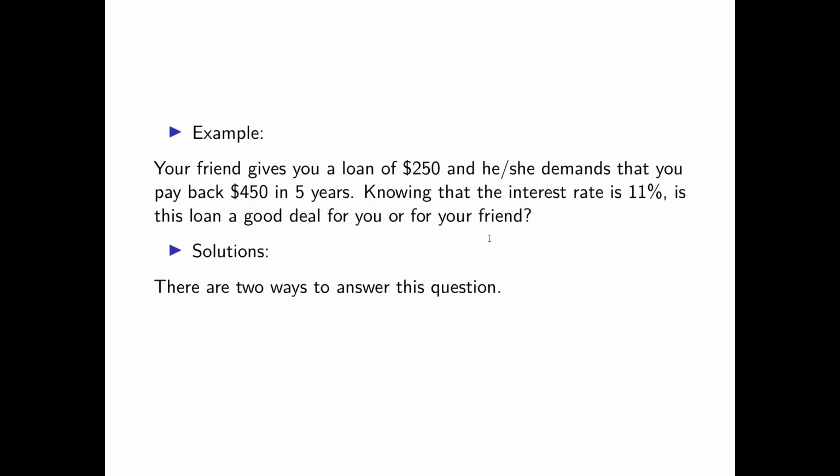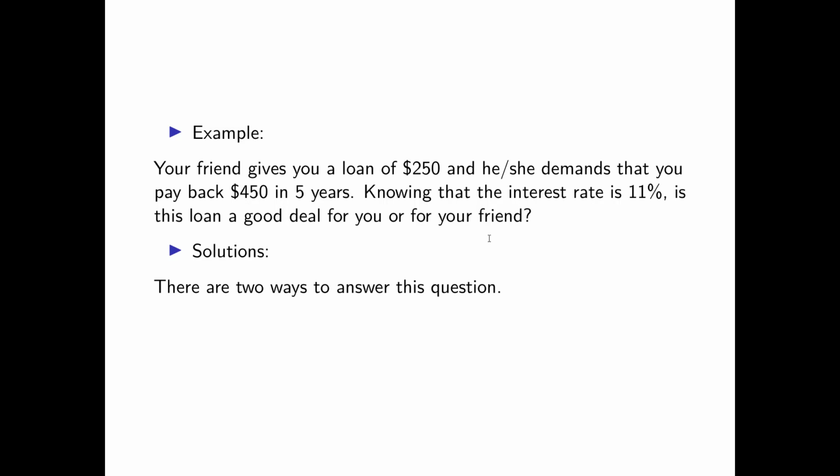A second example, which is slightly different. Your friend gives you a loan of $250, and that friend demands that you pay back $450 in 5 years. Okay, 250 today, and in 5 years you have to pay back 450. Knowing that the interest rate is 11%, is this loan a good deal for you or for your friend?